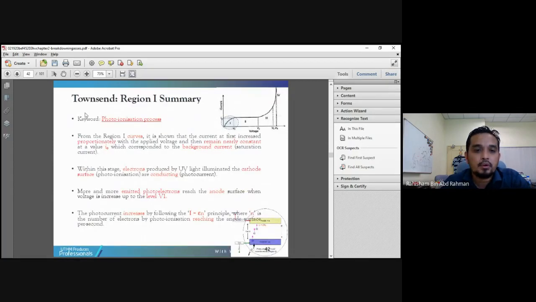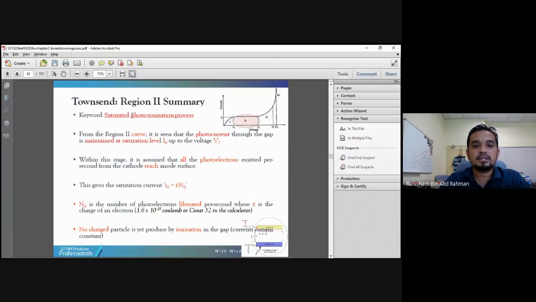Okay, some important keywords that I would like to highlight here. Townsend region 1, what is that? You can actually know that it is the photoionization process, and you can quickly recall this is from the UV light that helps to trigger the ionization. That is for region 1. And region 2, the saturated photoionization process, we have the saturated region.